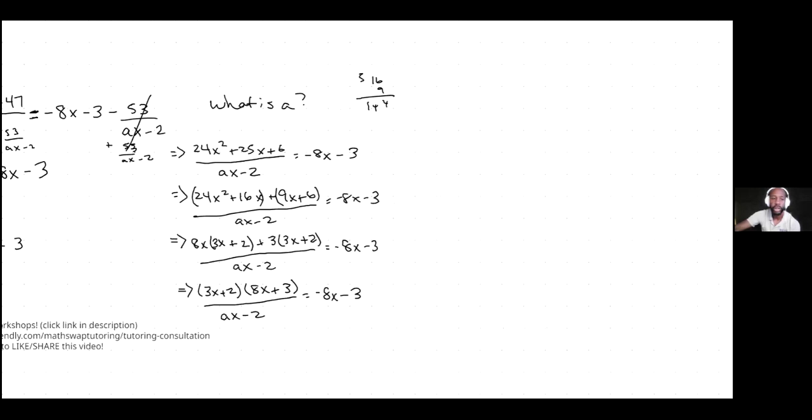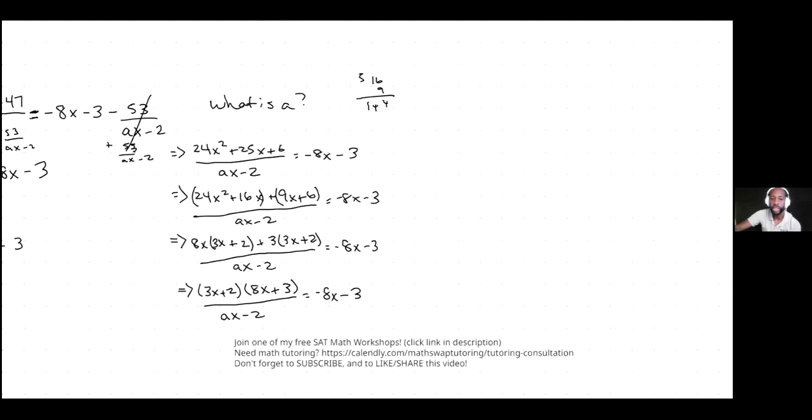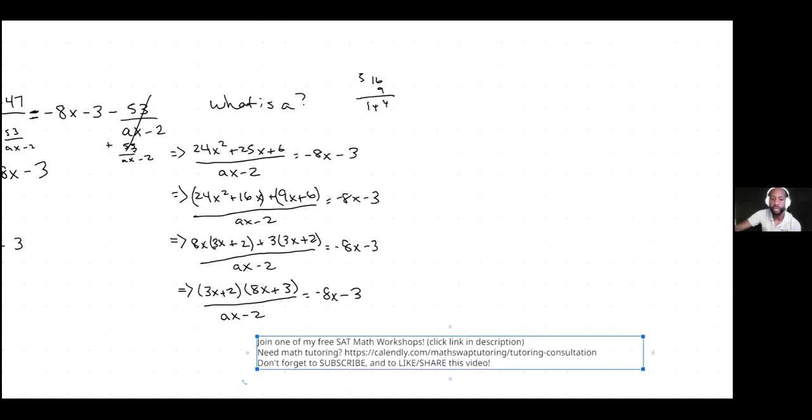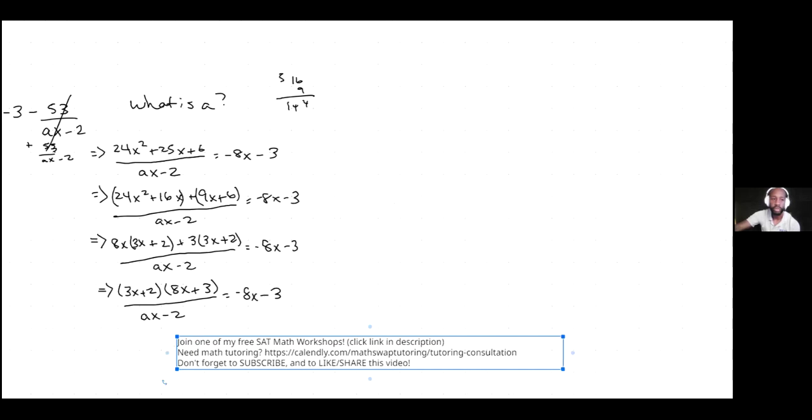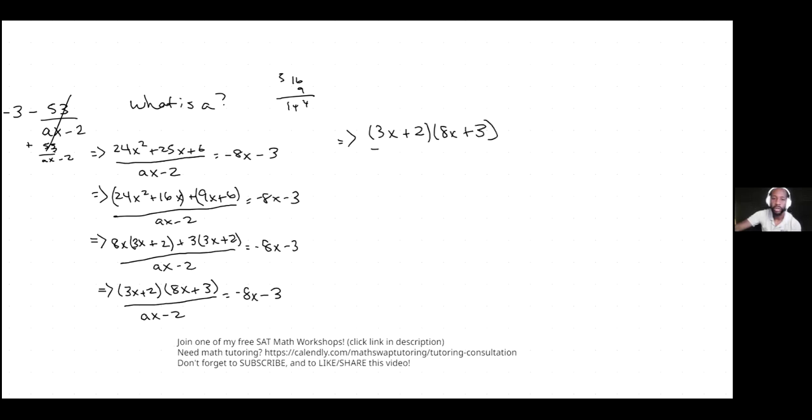Give me a second here. Moving over this information in case you need that. All right, so this becomes 3x plus 2 times 8x plus 3 over negative 8x minus 3 is equal to ax minus 2. Now, if you notice here, if we factor out a negative 1 from this bottom binomial, then it'll match this here.